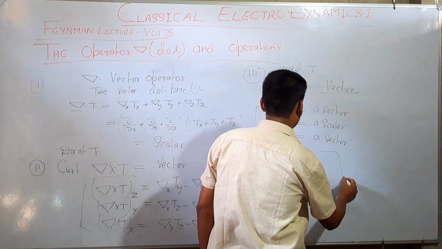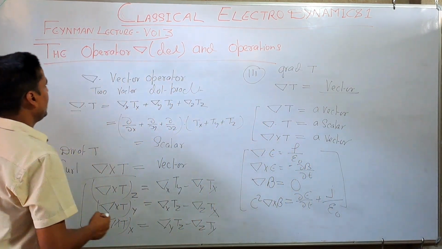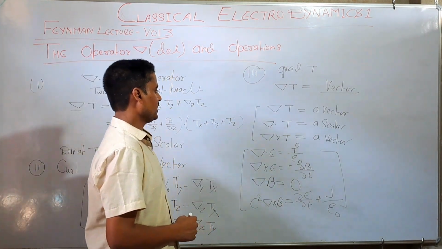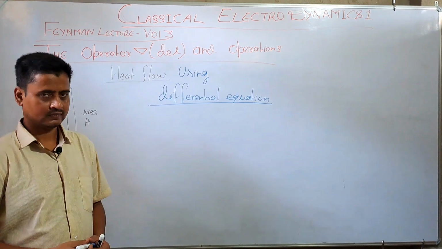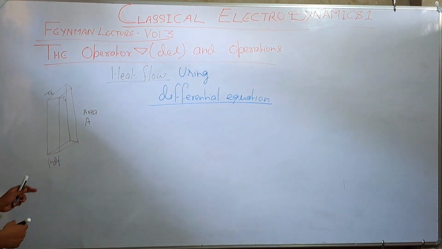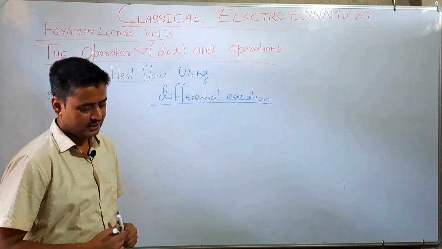So these are the four Maxwell electromagnetic equations, and we can use the operator to write these four equations. Now we can use the operator or differential equation to write the equation of heat flow. Differential equation of the heat flow.